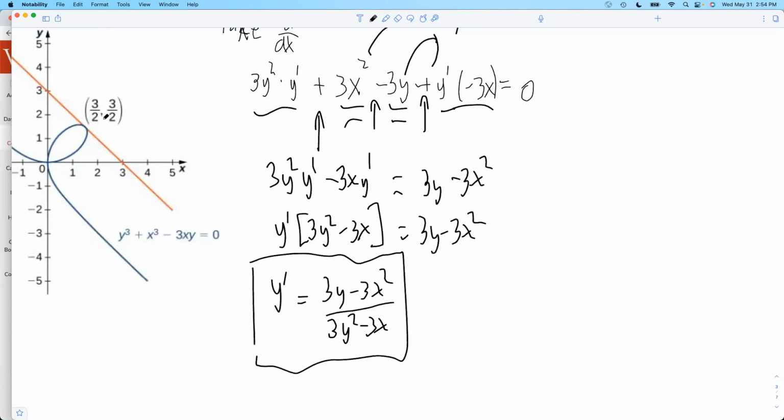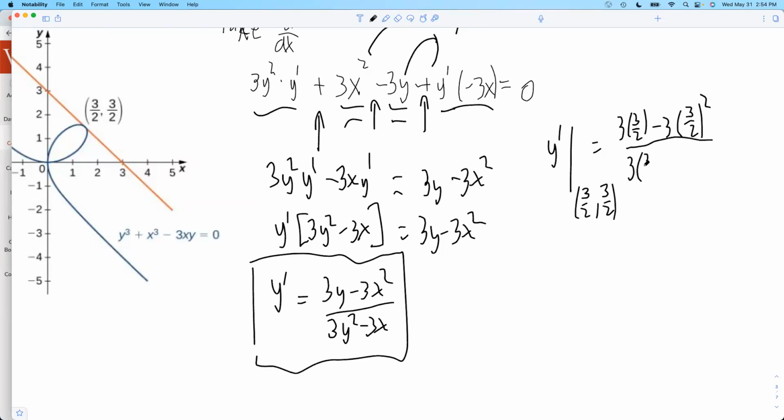Okay, now I know a point on this orange line. Let's find what the slope of that line is by just plugging in here. So y prime evaluated at the point 3/2, 3/2 will be, this is going to be a nasty 3 times y minus 3 times x squared. Maybe I won't actually finish this problem.